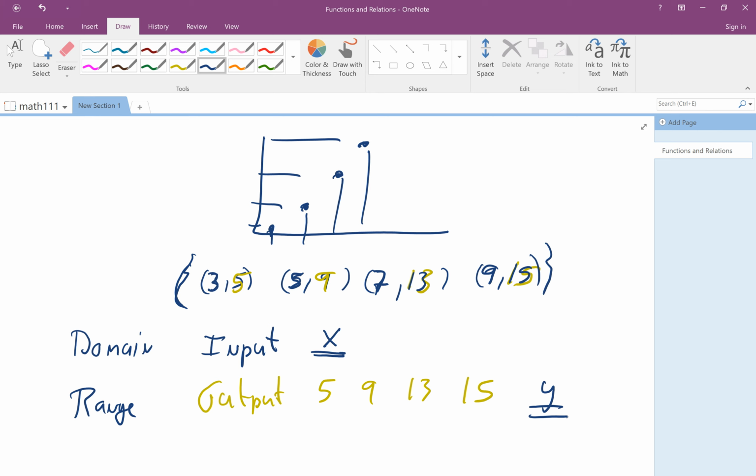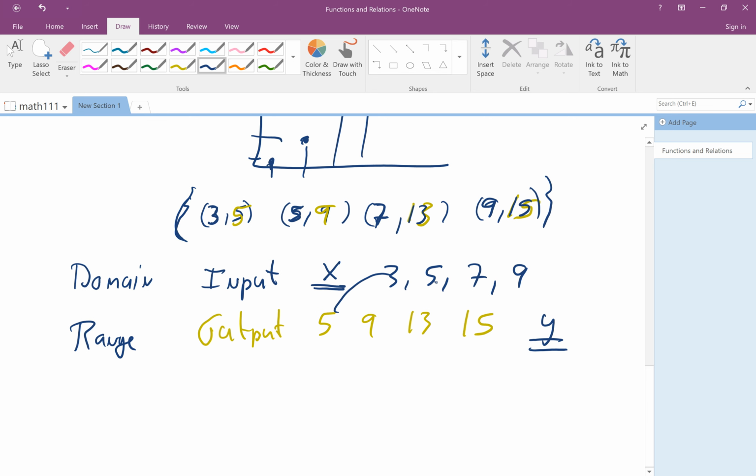So here, our input would be 3, 5, 7, and 9, and our output would be 5, 9, 13, and 15. And 3 goes to 5, 5 goes to 9, 7 goes to 13, 9 goes to 15. So yes, that's a function, because one number here goes to this one, this one goes here, this goes here, this goes here. Okay? So that's a function.